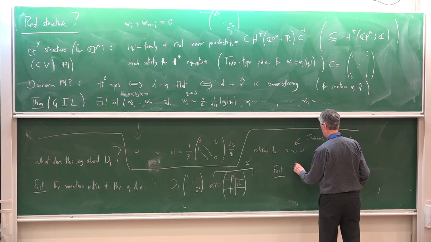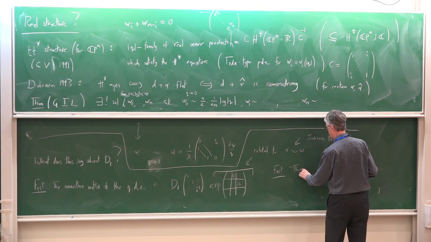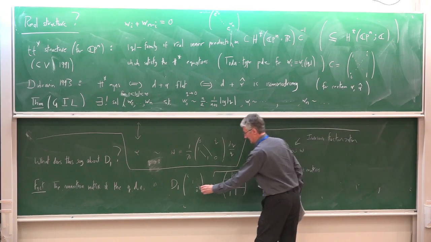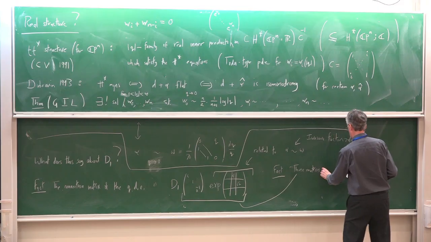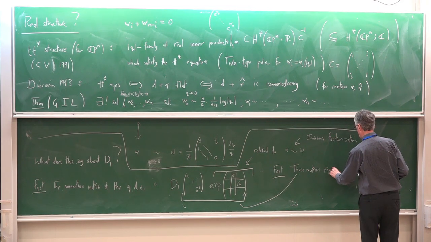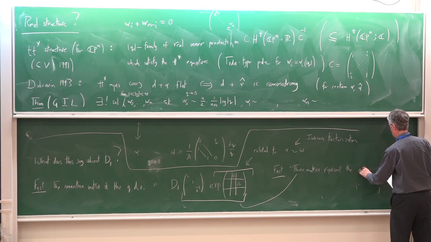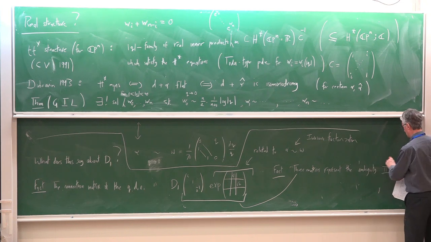Anyway, the interpretation of this is another fact. These matrices, I mean the new things which go beyond D1, represent the second ambiguity, the one which I call 2.